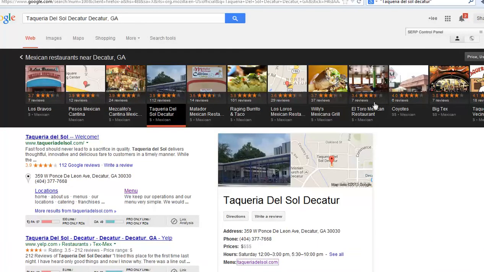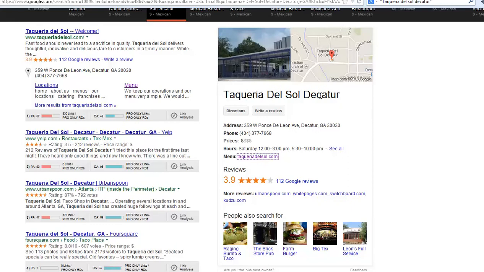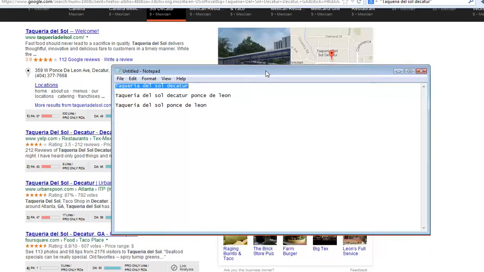Look at the address: Taqueria del Sol, Decatur, some address on Ponce de Leon Avenue in Decatur. I would get some combination of that. Look in Google, put it in quotes, and get something that has very little competition, because then you know that you have a very good chance of the video just ending up on page one all by itself. So look at these possible combinations.